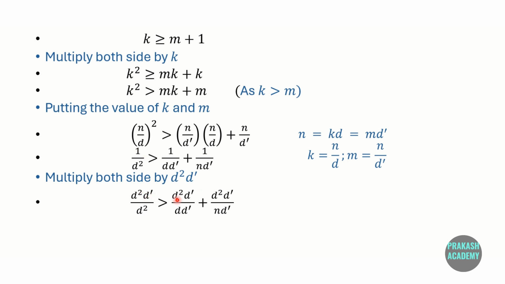This d square cancels, d and d dash cancel, so what is left is d dash, then d, and then d square by n. So we have proved that d dash is greater than d plus d square by n.